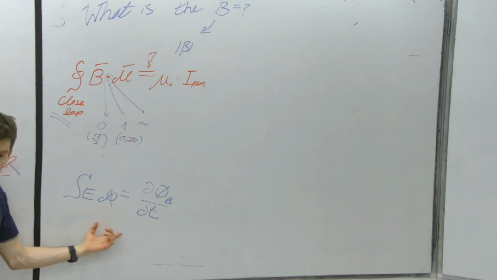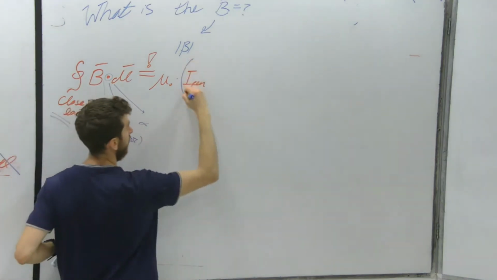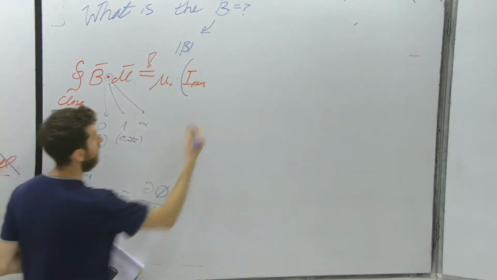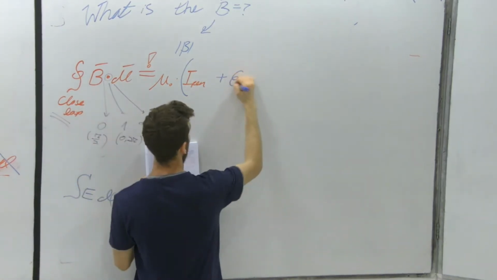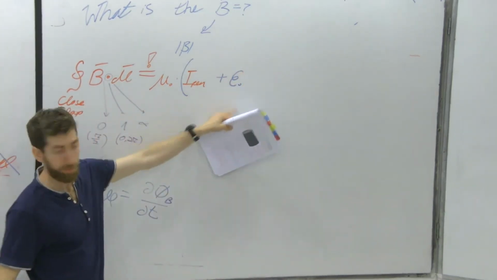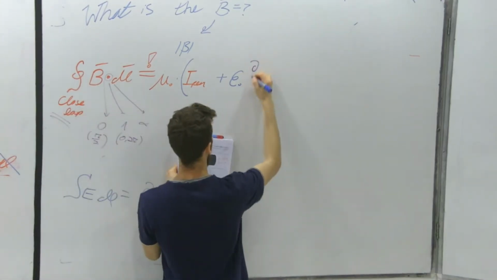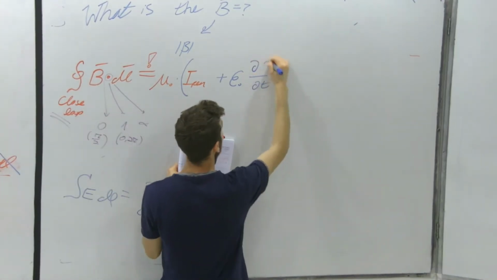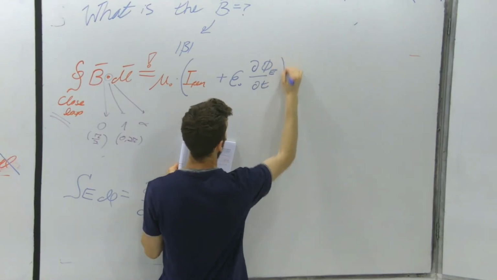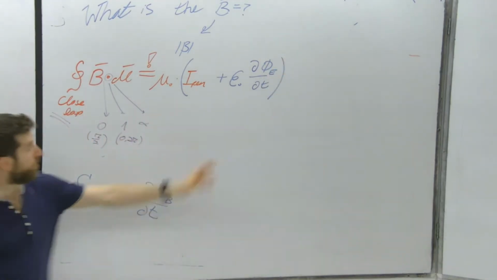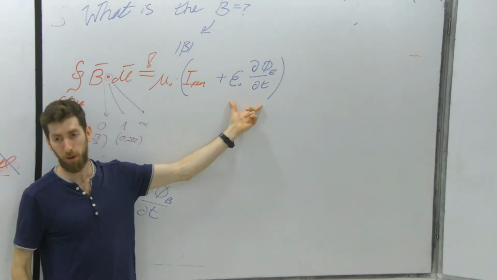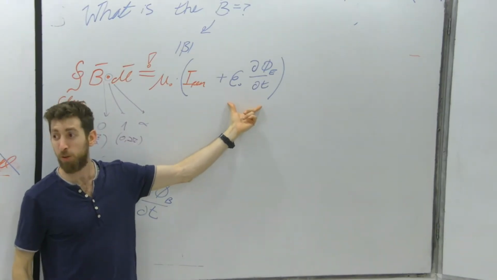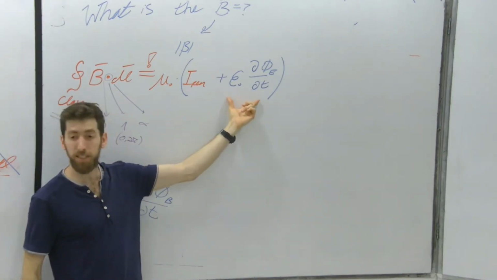So he understood that there's a correction here. There's a missing part here. And this missing part is the constant of the electric field, and here is the changing electric flux. So this is Maxwell's correction for Ampere's law. Every time you write Ampere's law, you need to notice if this is missing.